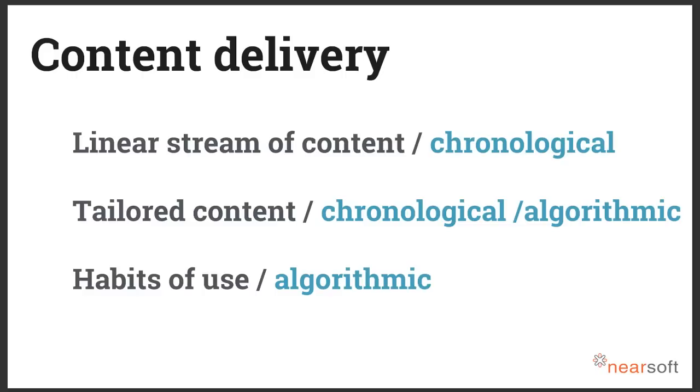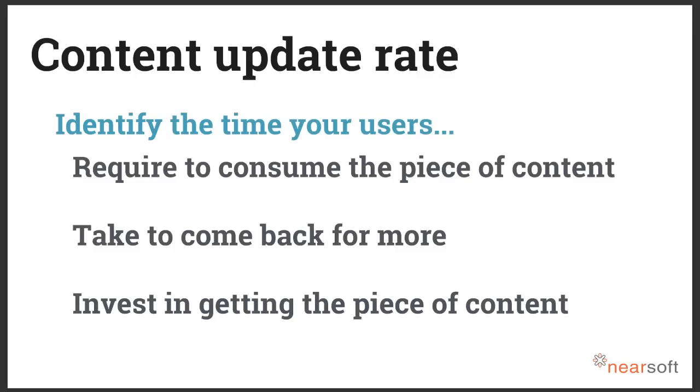Cool. So how often should we provide the application with content? How often should you renew the content? To know this, you need to identify the time your users require to consume one piece of content.